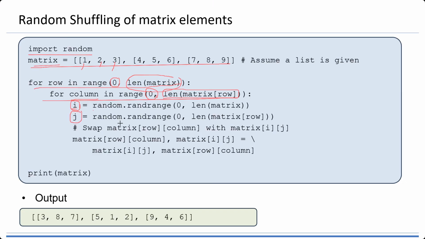So when we do the row and column, we want to replace it with the particular i and j. So for example, I know the column and row, this is matrix 0, 0.